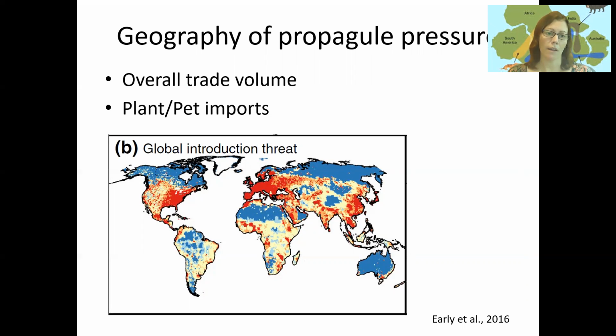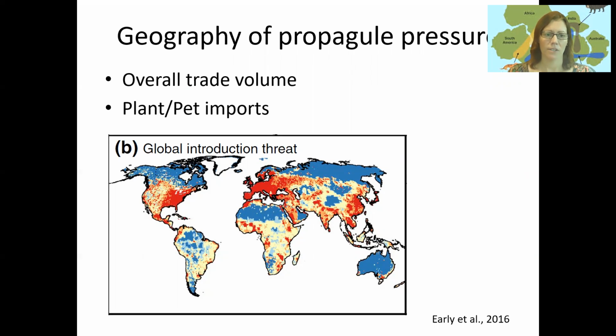So both bulk import volumes coming into those countries. And of course, that's a place where stowaways or hitchhikers can come in. It's also airport volume across the US, so if people are accidentally bringing in invasive pests in their luggage.